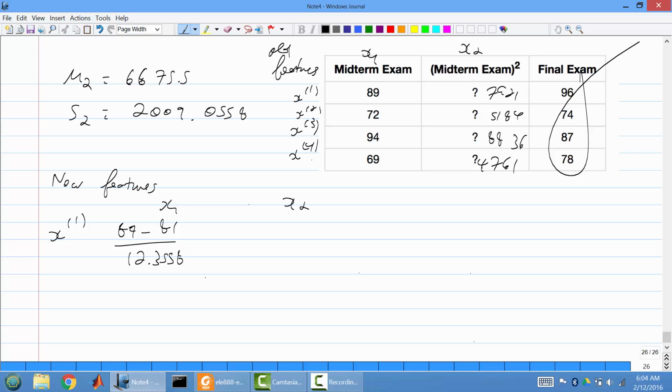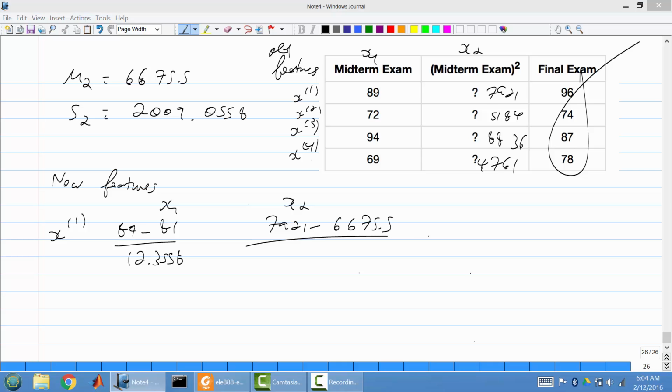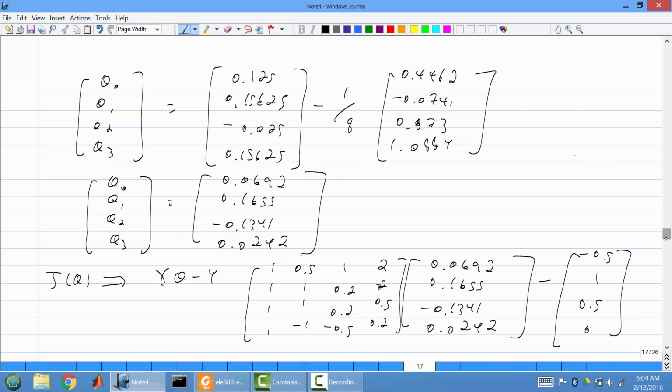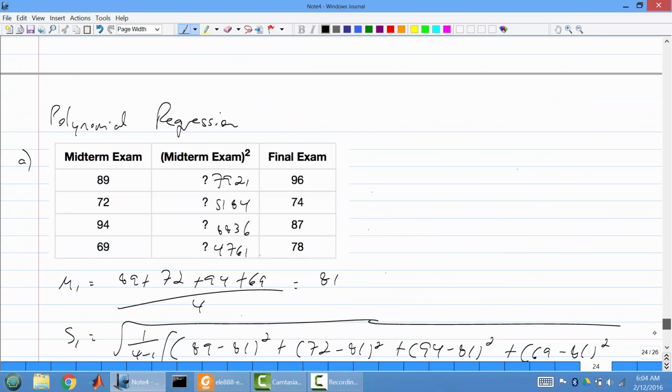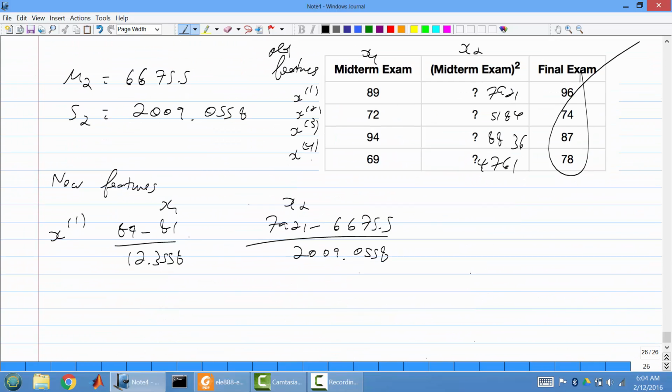The second feature is 7921 minus 6675.5 divided by 2009.0558. And this is equal to 0.6475. It's equal to 0.6199.